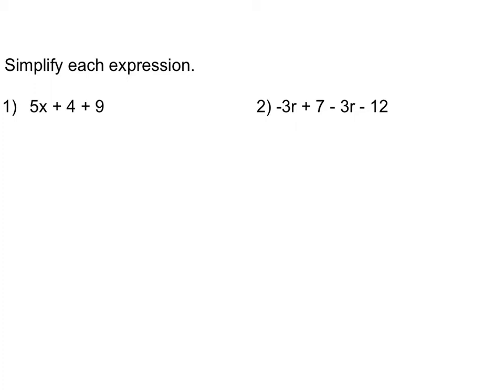So you need to look for the like terms. So let's go ahead and look for like terms. Like terms are things like 5x is a like term with 1/2 x, or negative 2x, or anything that has just an x in it, okay?